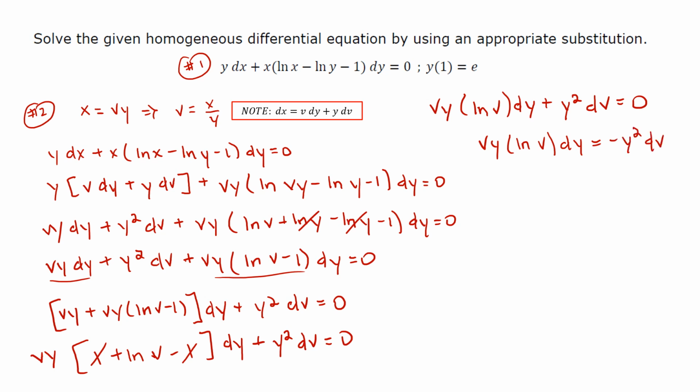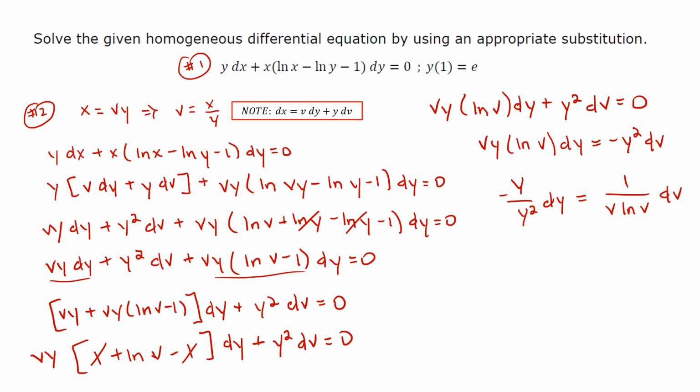Then I'm going to divide both sides by negative y squared and divide both sides by v times the natural log of v. So I'll have y squared dy and then 1 over v natural log v dv.